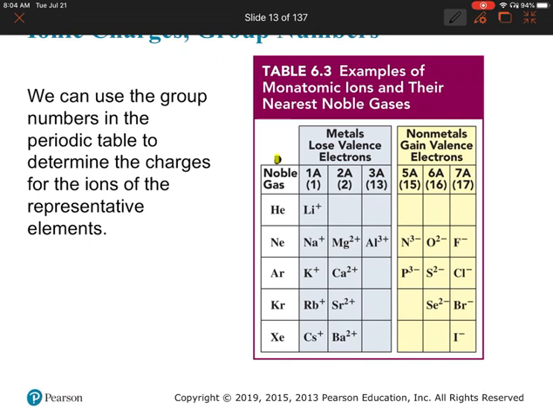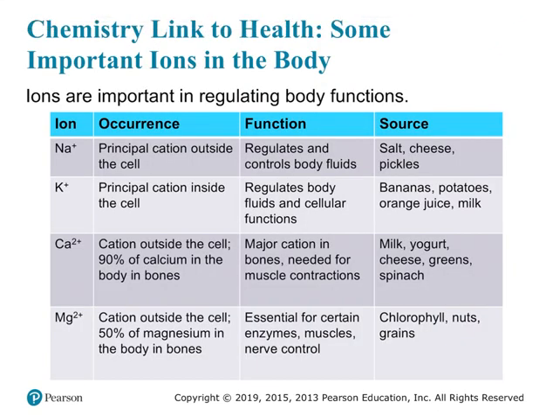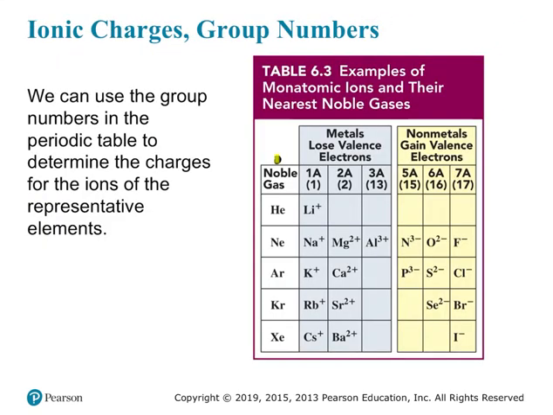In the first column there, we have noble gases, because remember, that's what all of these atoms want to become like. So they want to be noble gases in a sense, or at least have the same electron configuration as a noble gas. So lithium, to start, remember, is in group 1A, and it has 1 valence electron. If it loses that 1 valence electron, it becomes like helium.